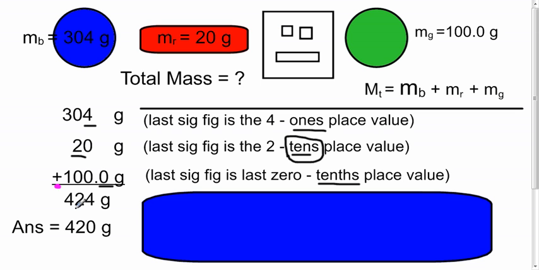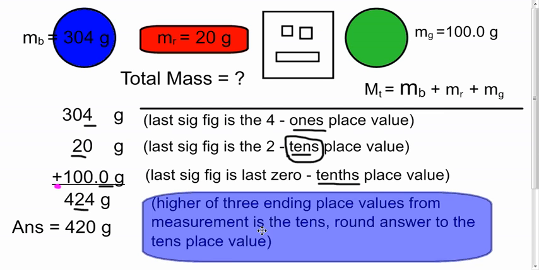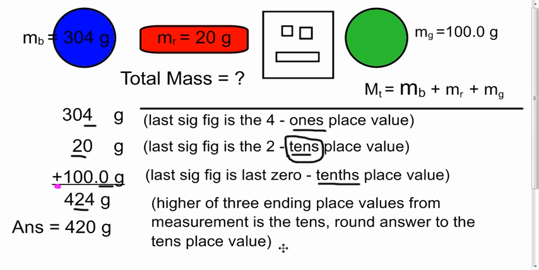So that means I'm going to round my answer to that place value. In this case, the number is a 2, rounding to the 2. So I look at the 4, which rounds down. It should say highest of the three ending place values, not the higher. I keep my answer at 420, and that is my answer.